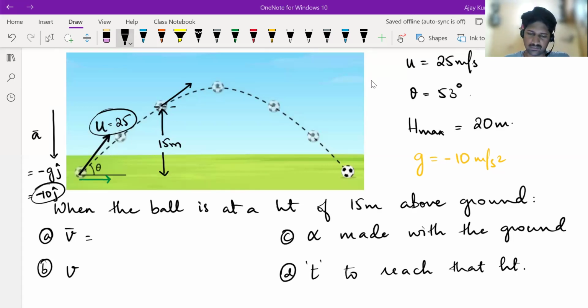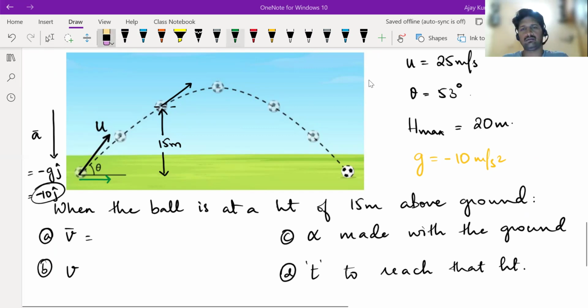Pawan, can you unmute? Yes, sir. Tell me the x and y components of initial velocity first. Sir, 15 i cap and 20 j cap.